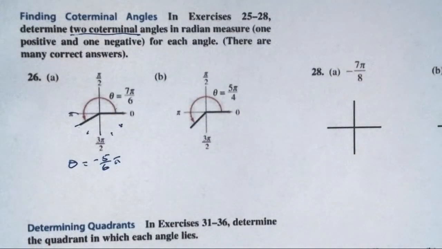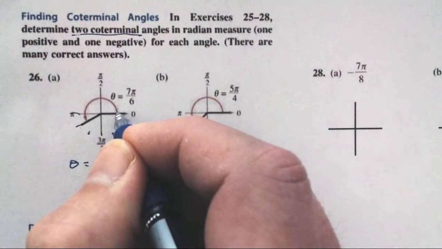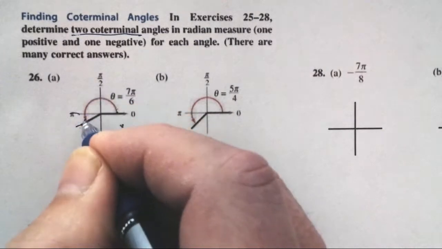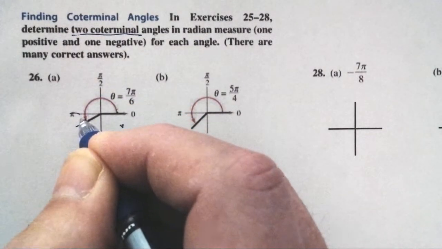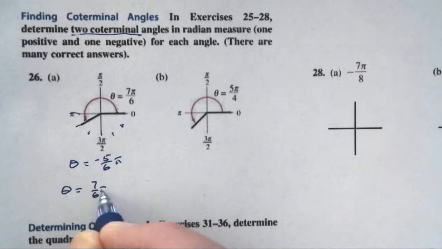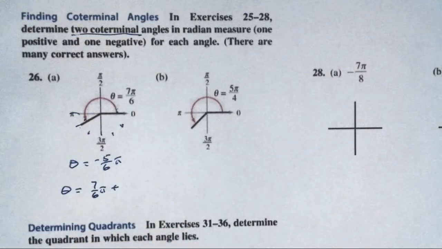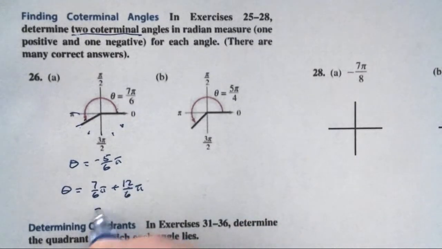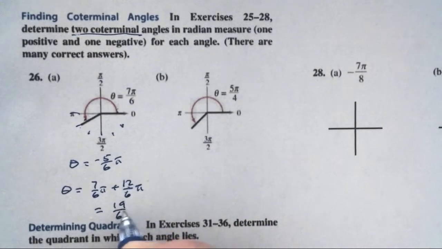Then we have to do multiple revolutions. So to get here in a positive manner, I could go here and then spin a full another 2 pi around. So my other one would be, let's spin around to 7/6 pi, but let's add 2 pi to that, or 12/6 pi, and we end up at 19/6 pi.